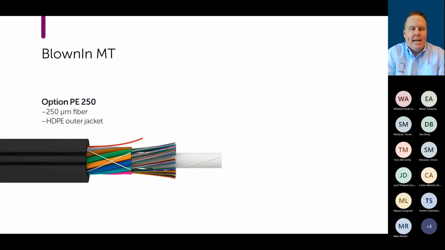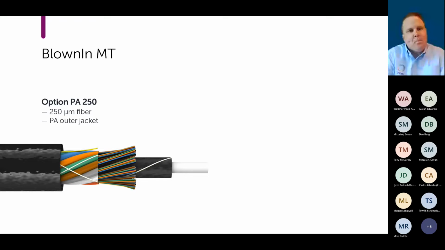If somebody just calls and says, hey, I need a micro cable, it's more likely going to get designed and quoted to you with a 250 micron. HDPE outer jacket, again, I'd say is probably going to be more common in what you're going to see. So again, multi-tube, 12 or 24 fibers, 250 micron fiber, high density polyethylene outer jacket.